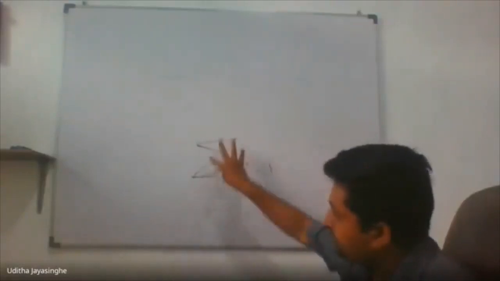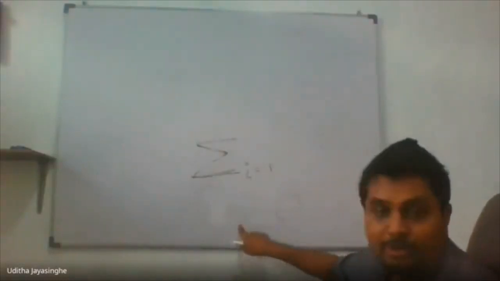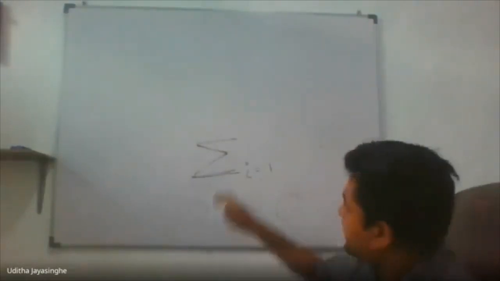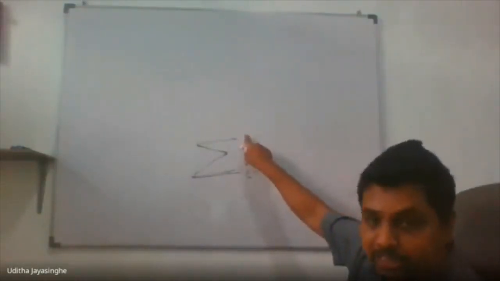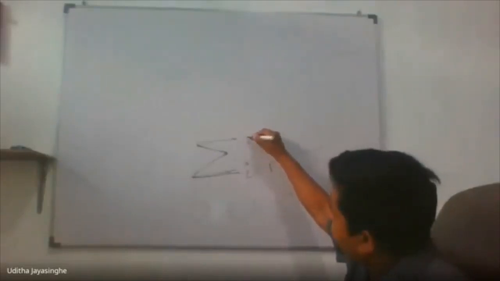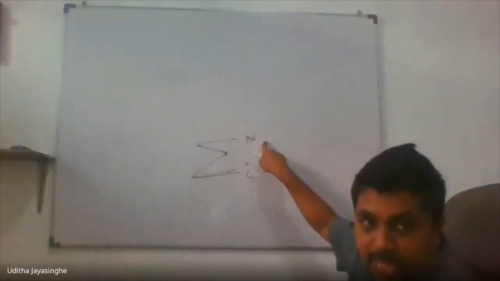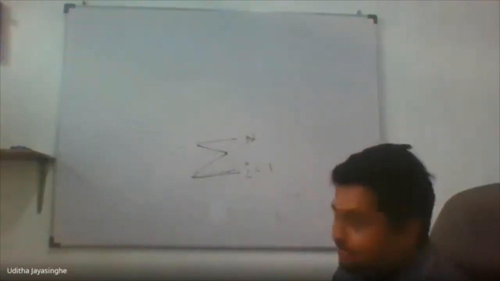First number I'm not going to take for the sigma, but from second number onwards I am going to add. Up until which number? That is the number that I'm going to write here. When I write capital N here, that means this is the end point.